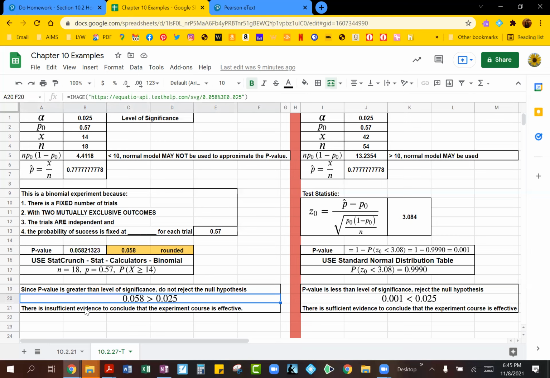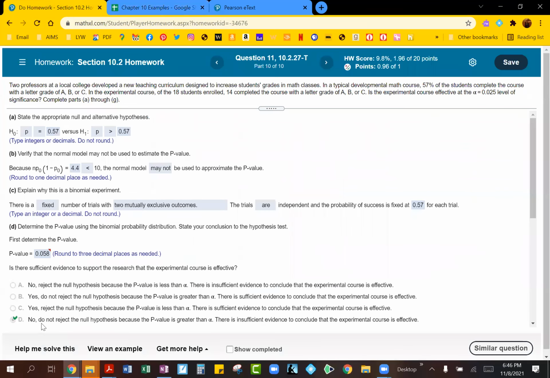So in this case, since my p-value came out to be greater than my level of significance, we cannot reject the null hypothesis. Basically, there's insufficient evidence to tell us that the experimental course is doing a better job or is more effective. So we do not reject the null hypothesis because the p-value is greater than alpha. You have insufficient evidence.